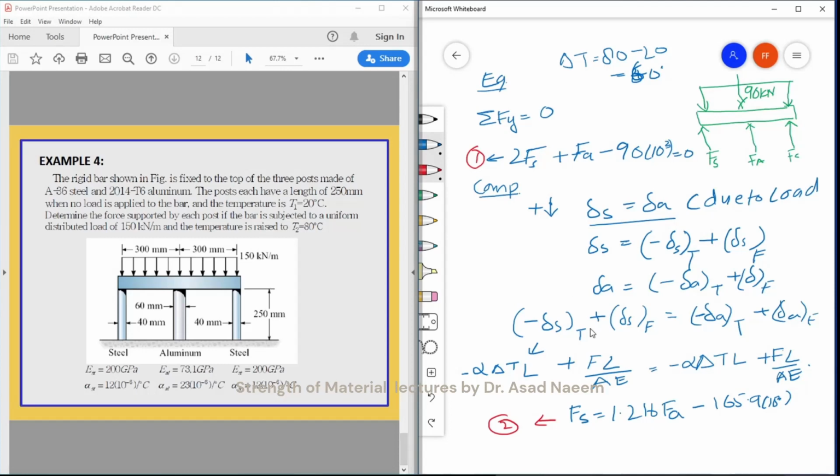So after simultaneously solving these equations, we can calculate the forces in F_S and F aluminium. So F_S is equal to minus 16.4 kilonewton and F aluminium will be equal to 123 kilonewton, and this will be in compression because हम लोगों ने negative में लिया था, and this will be in tension.